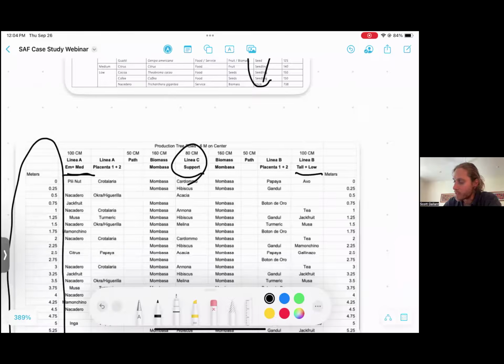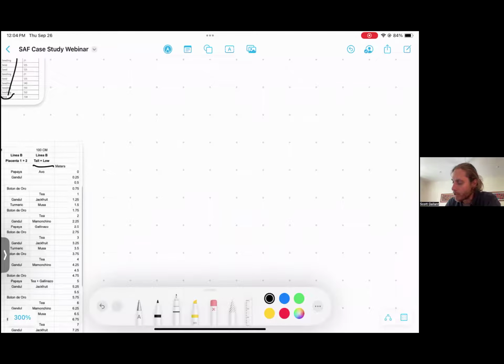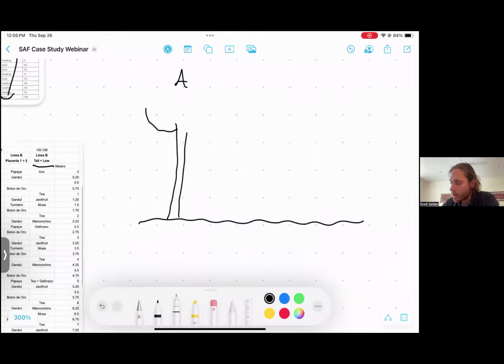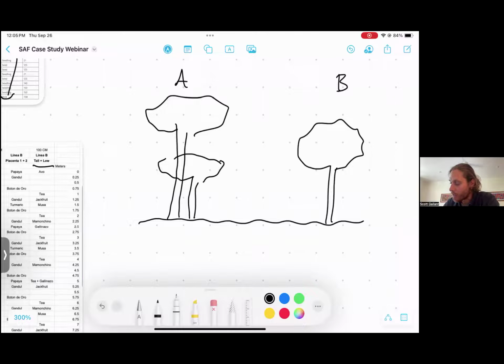Let me just explain what that means really quick. I'll draw it over here. In our A row, we have the things that are going to grow the tallest. And then we're going to grow right next to them in the same row, our medium species. In our B row over here, we're going to have things that are tall and things that are low.